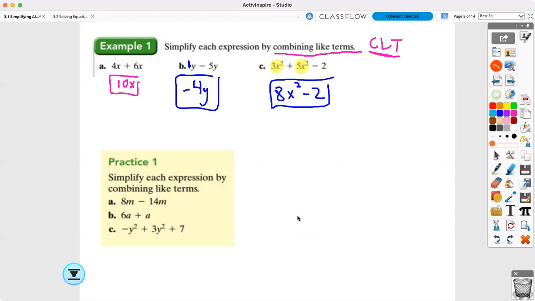I do have a question for C, if that's all right. Go ahead, what's your question? So what you're basically saying is it's not necessarily going to be 3x² and 5x², but whatever the number is, and let's say you have a minus, like right here, -2, you'd always bring down the 2 and then stop there, basically?